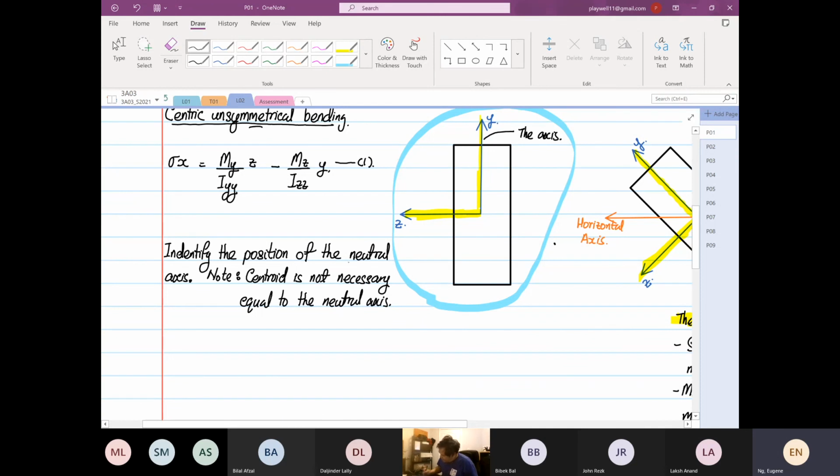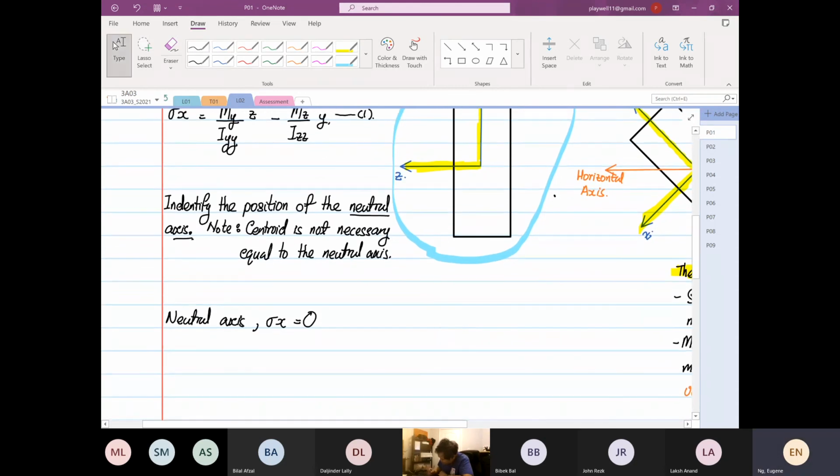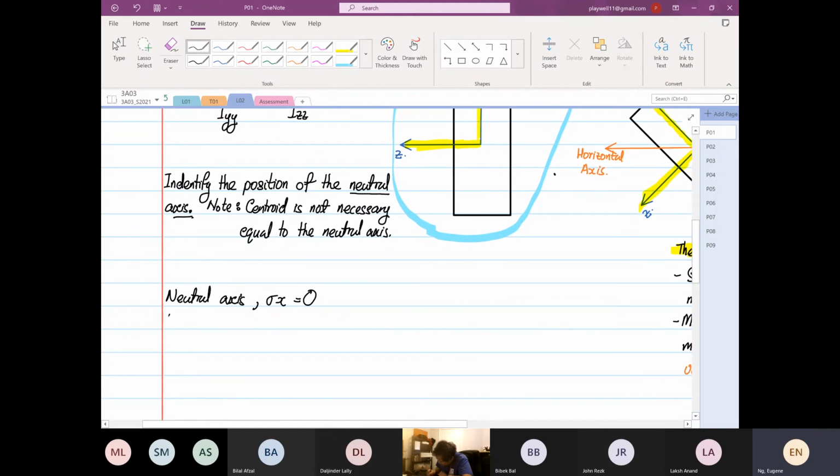So we're going to identify the neutral axis, right? So we know that at the neutral axis, stress x is equal to 0, right? So if we're going to substitute using equation 1, right?